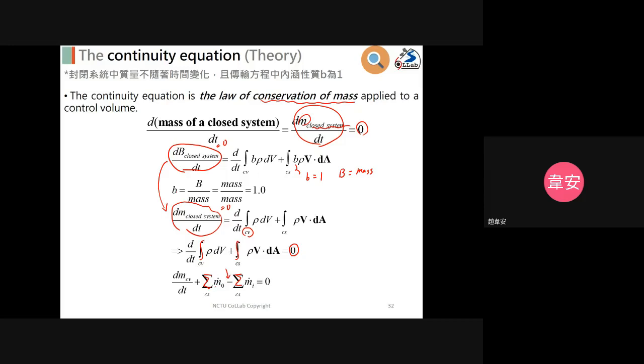Usually we use the output minus the input, plus the mass change in the control volume with time. But the sum of the total will equal to 0. This 0 is based on the conservation of mass in a closed system.